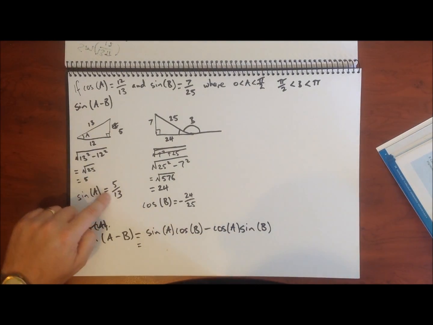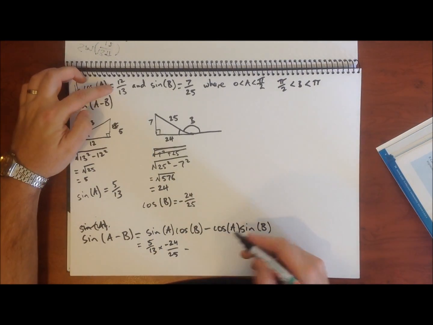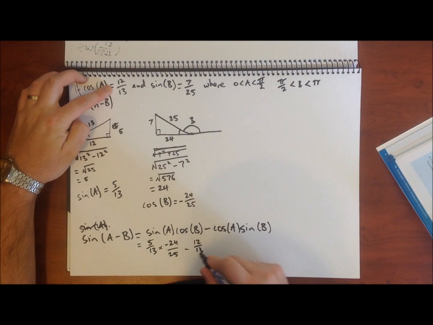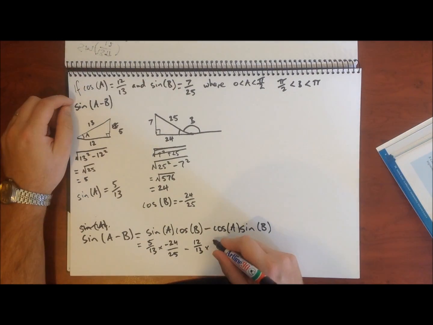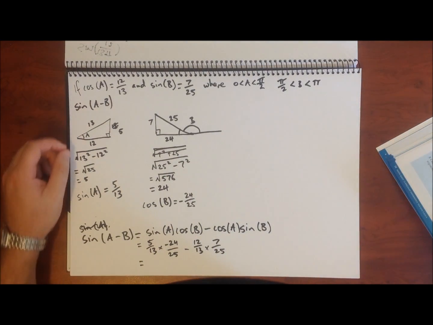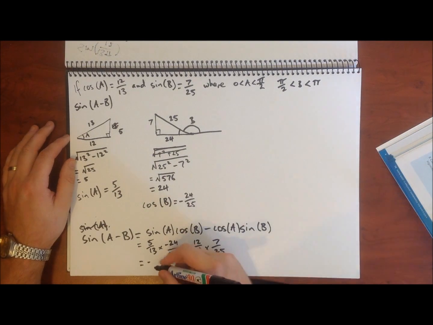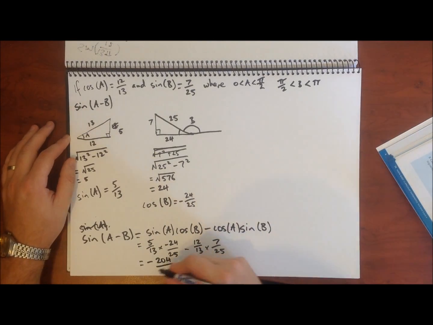Sine of A we found was 5 over 13. Cos of B we found was negative 24 over 25. We know cos of A, we're given that, that's 12 over 13. And sine of B, we're given that, is 7 over 25. And so when we do that and simplify our fraction, we end up with negative, it's not a nice number, 204 over 325.